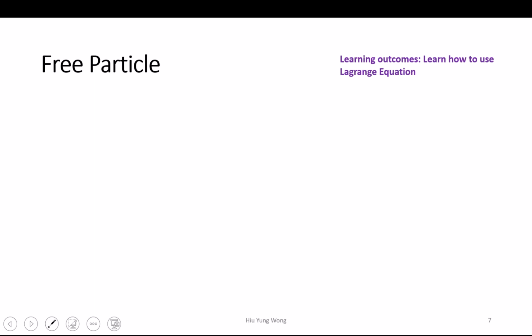Free particle. What is the meaning of a free particle? It means there is no potential energy acting upon it, right? So for a free particle moving at velocity v at location x, what is the Lagrangian? First, what is the kinetic energy? We just say half m v squared.